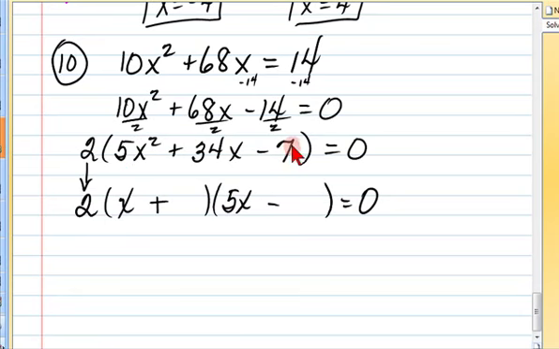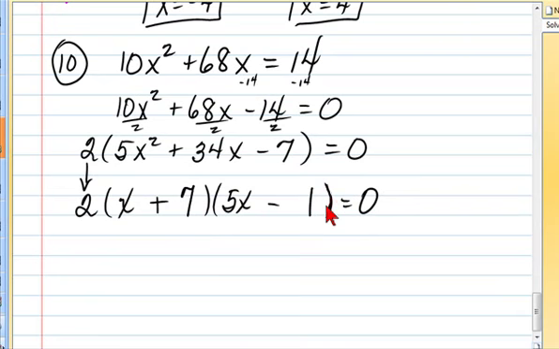7 is also a prime. Now, I don't know if I'm going to put them in the right places, but all I've got is 1 and 7. So if I just try throwing in the 1 and 7, that gives me an outer product of negative 7x and an inner product of 5x. That's negative 2x. That's not right. So I'll put the 7 here and I'll put the 1 here.